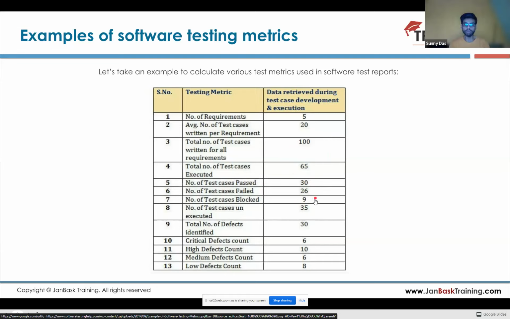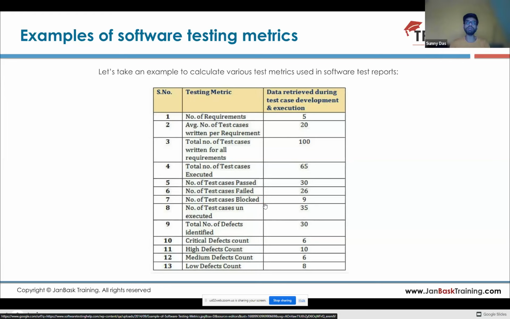Do you know what is the difference between failed test cases and blocked test cases? The difference is that blocked test cases are unable to run because of a showstopper or defect. A failed test case is one you have executed, and due to a defect the test case has failed.